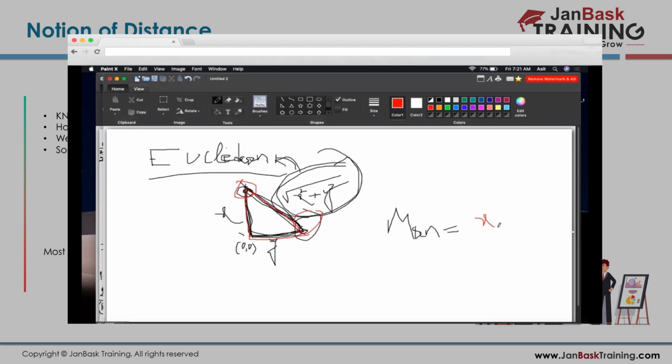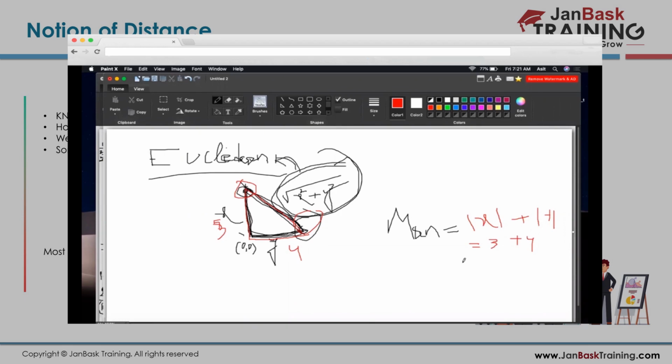It's nothing but mod x plus mod y. Suppose x equal to 3, y equal to 4, then Manhattan is mod x plus mod y, that is 3 plus 4.